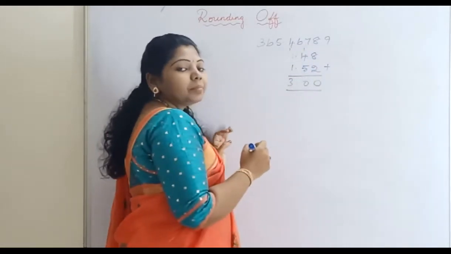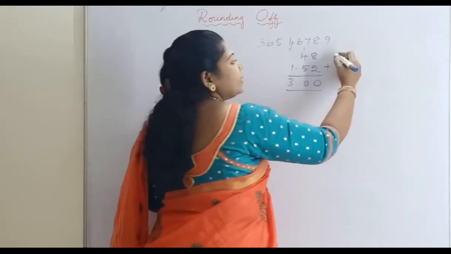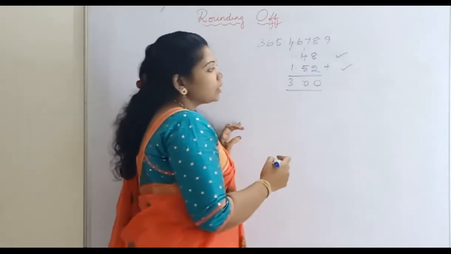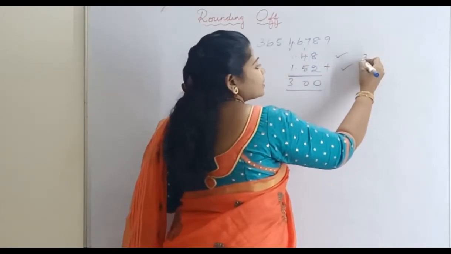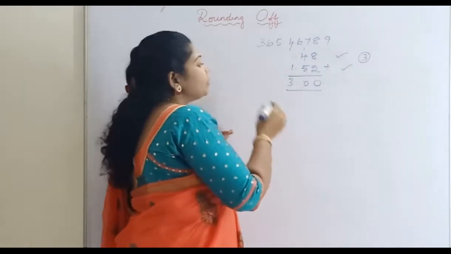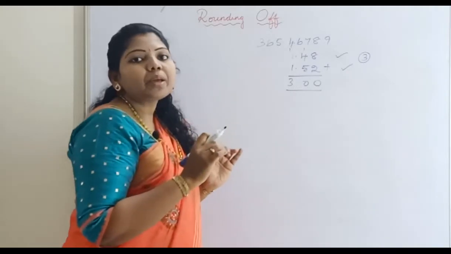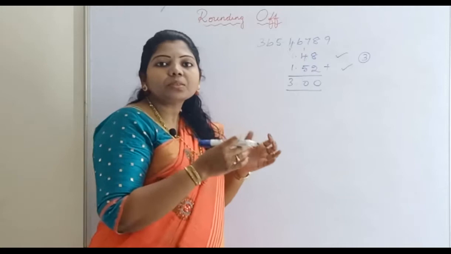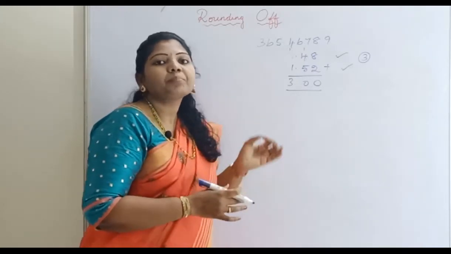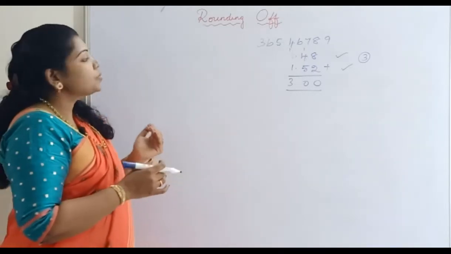Here we should see the data involved in the calculation. If the data involved has 3 significant figures, then the result also should have 3 significant figures. So you should round off the number to 3 significant figures. So let's see the rules for rounding off.